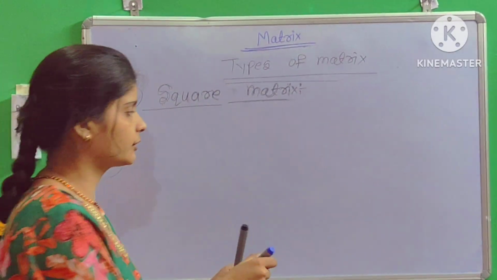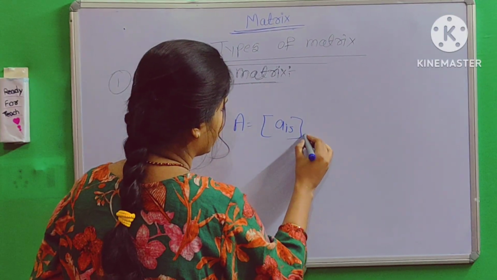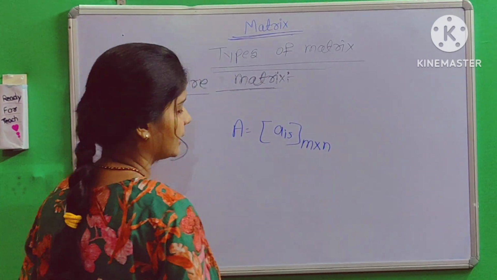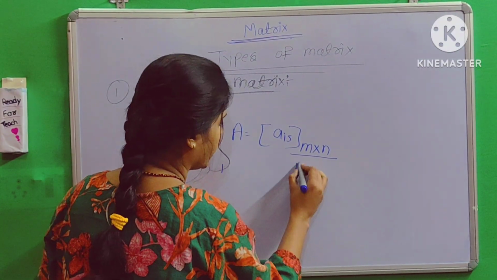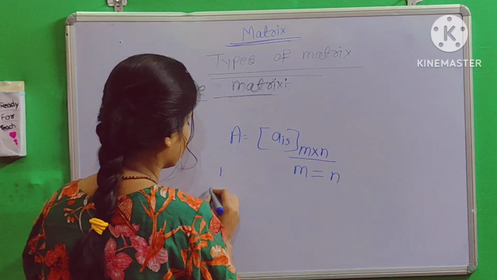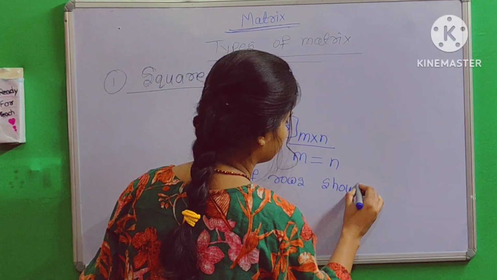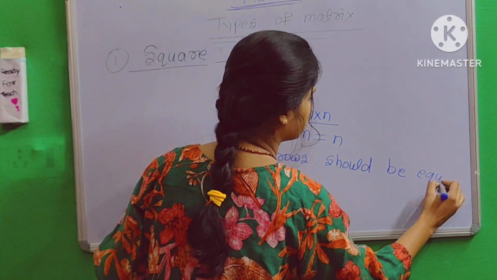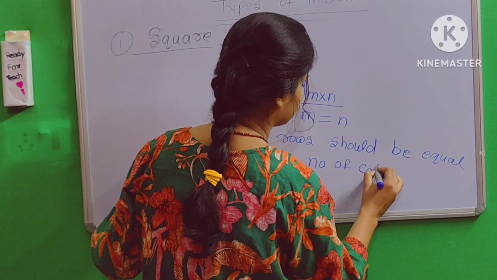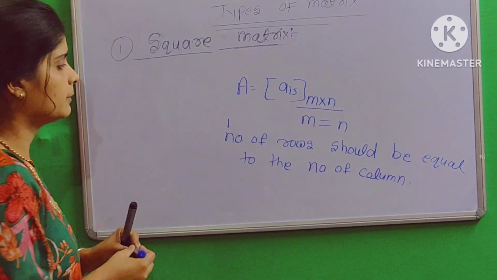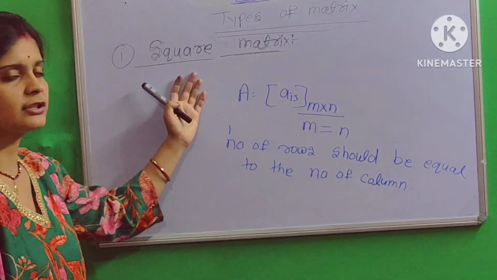Next, in a square matrix, if the matrix is A equal to Aij and the order is m cross n, then in a square matrix m is equal to n. The number of rows should be equal to the number of columns. If the number of rows and columns are equal, then we can say this is a square matrix.